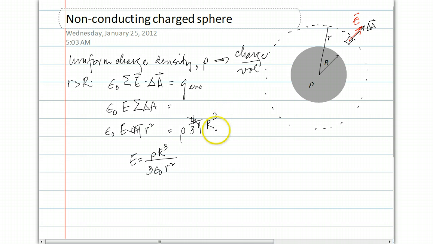So this is the electric field for r greater than big R. Just to make sure it's dimensionally correct, we have charge per volume, which is rho, multiplied by r cubed, which is the volume. So we have charge in the numerator, and we have an r squared in the denominator with an epsilon naught also in the denominator. So dimensionally correct. So that's the electric field for r greater than big R.